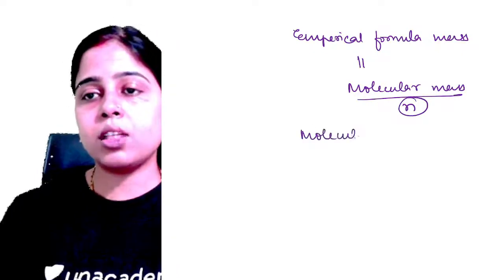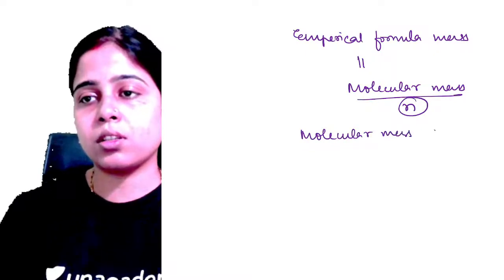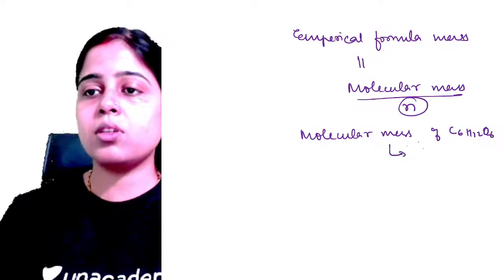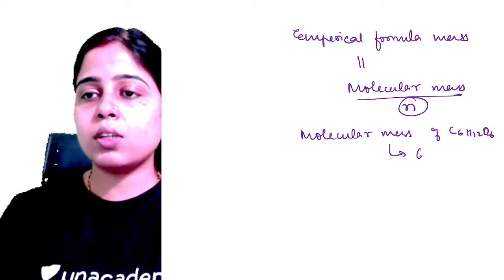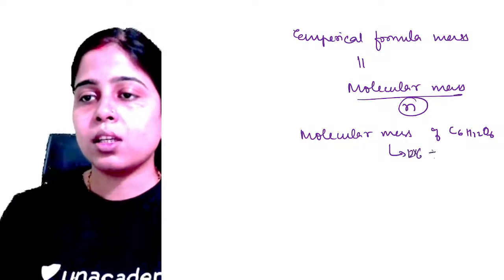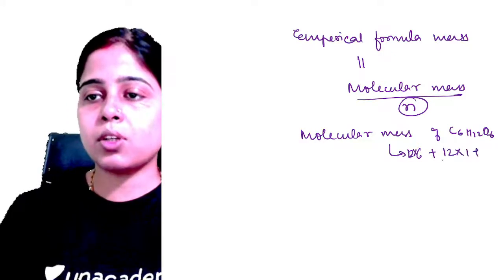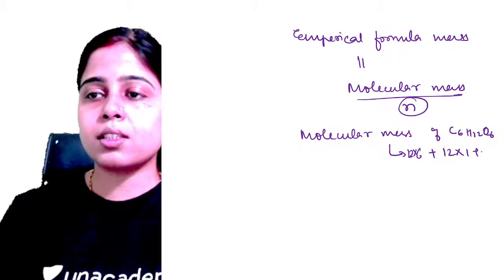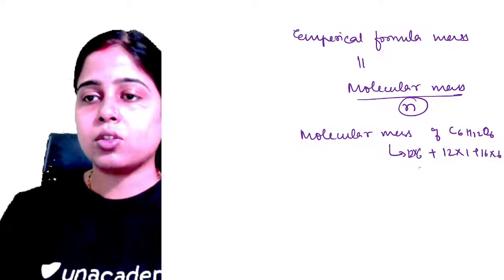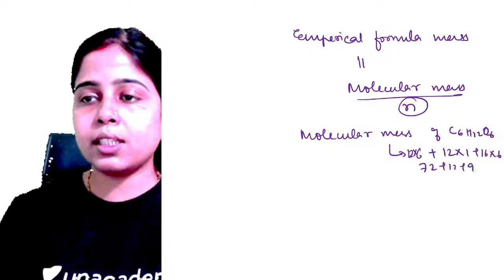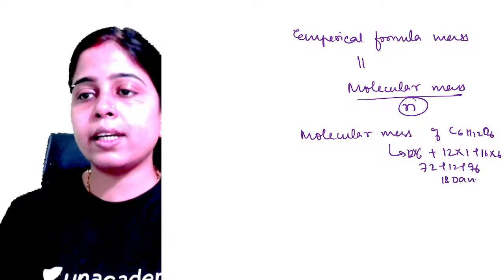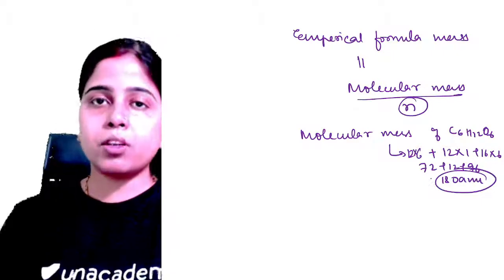Let's find the molecular mass of glucose, C6H12O6. What is the molecular mass of glucose? 12 into 6, plus 12 into 1, plus 16 into 6. So 12 into 6 is 72, plus 12, plus 96. That gives 180 AMU, the molecular mass of your glucose.